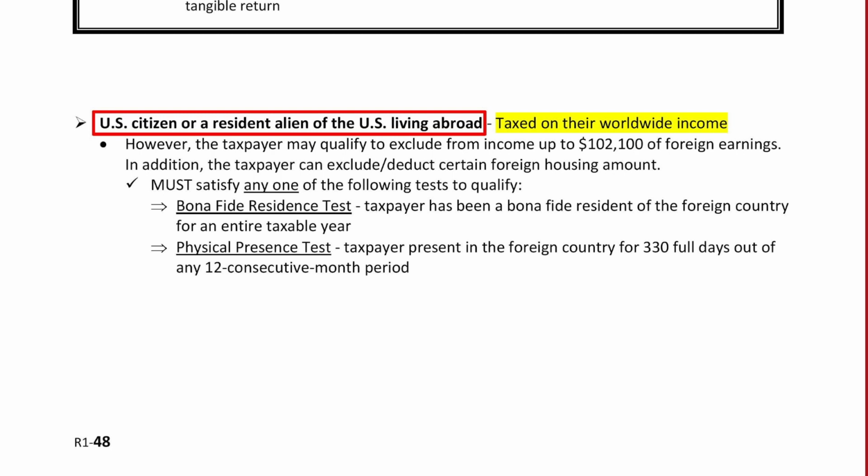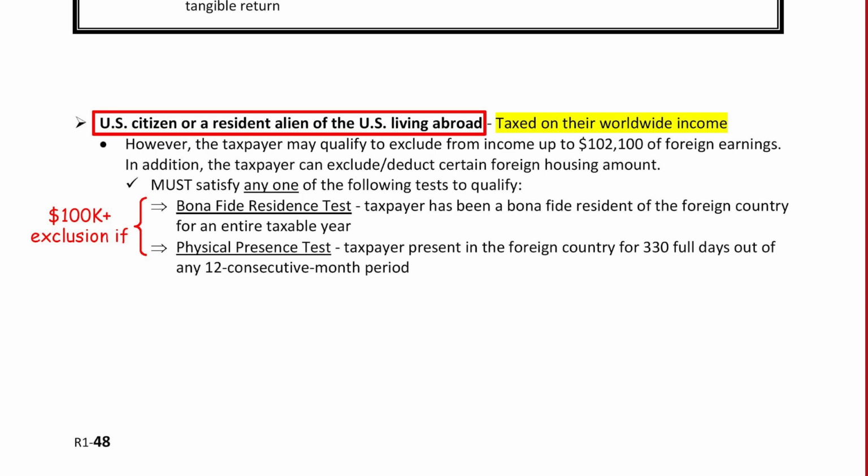This is if the taxpayer satisfies any one of the following tests. So draw a bracket and write there 100K plus exclusion if, so the exclusion is over $100,000 for the taxpayer if either one of the tests is met.